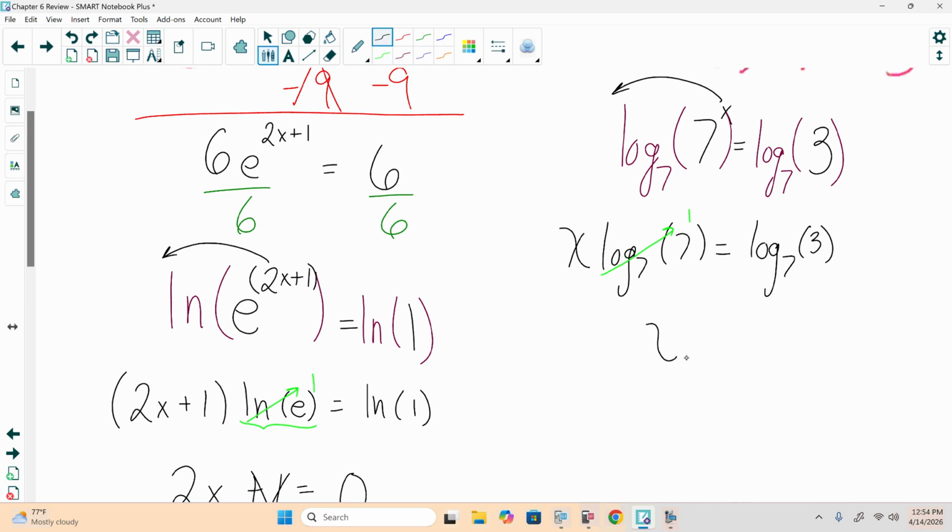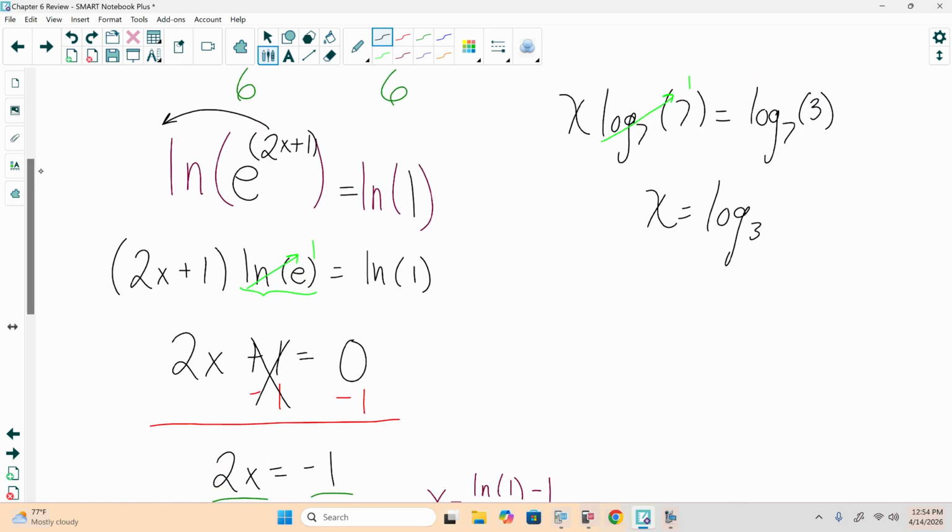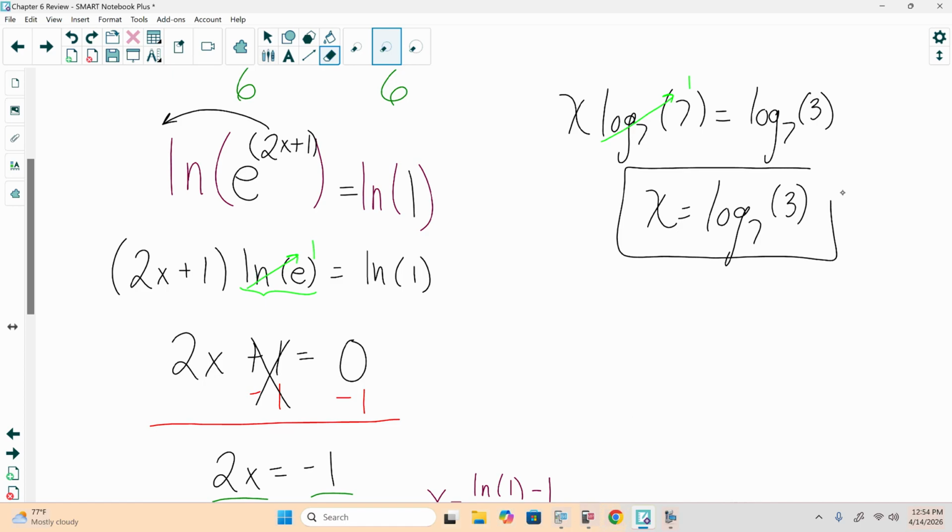It simplifies to 1 times x, or just x, telling me that x is equal to log base 7 of 3. x is by itself, so we are done there.